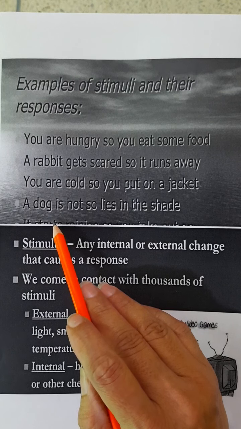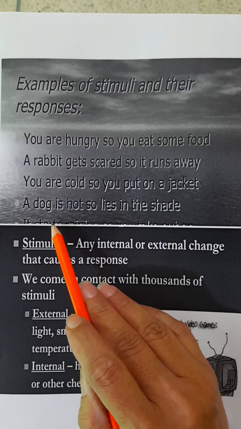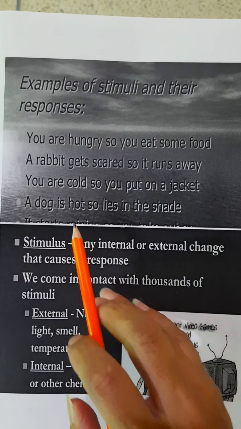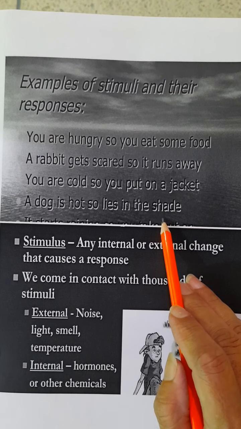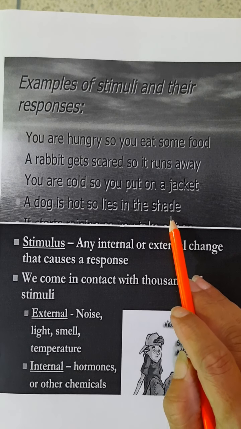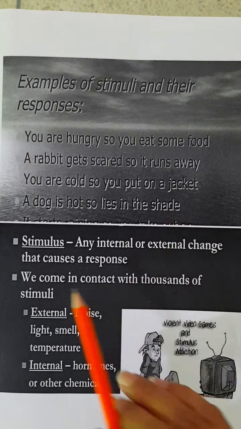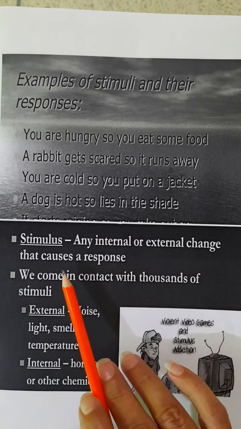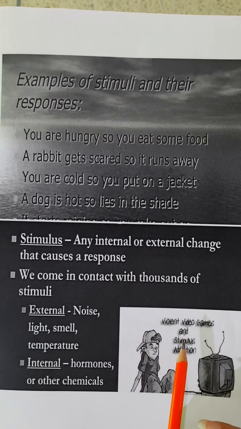Obviously, it's an animal, but it is sensitive. It has sensitivity. So what will it do? It will lie in a shady place. So lying in the shady place is the response.